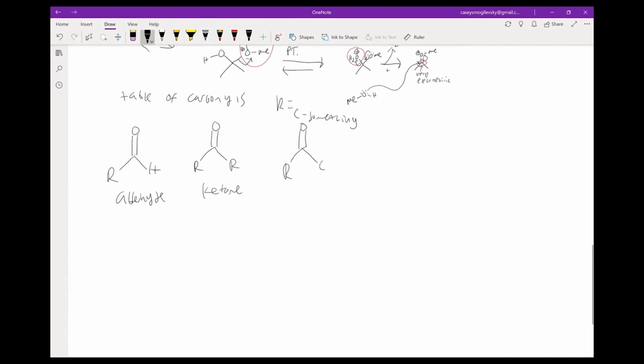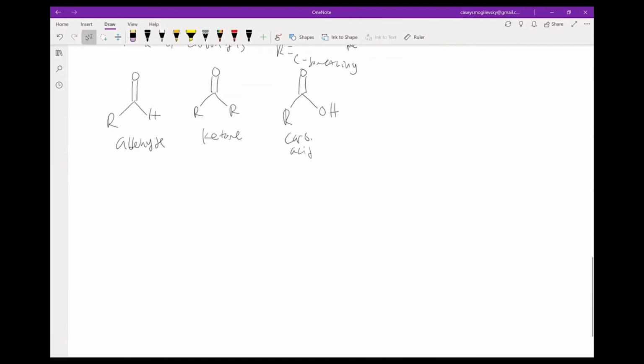This next one is a carboxylic acid. Then we have esters, which is basically just you replace the hydrogen, the proton, with another R group that's carbon something. Can be anything actually. Then next we have acid anhydrides.